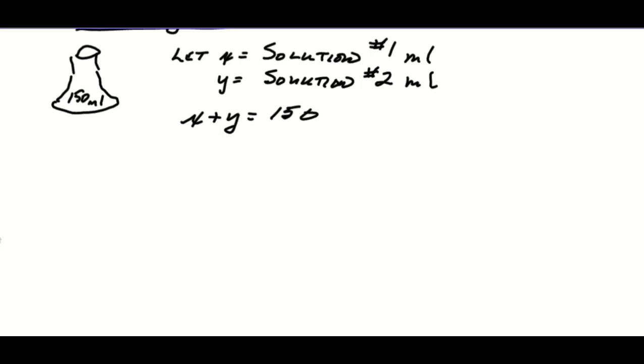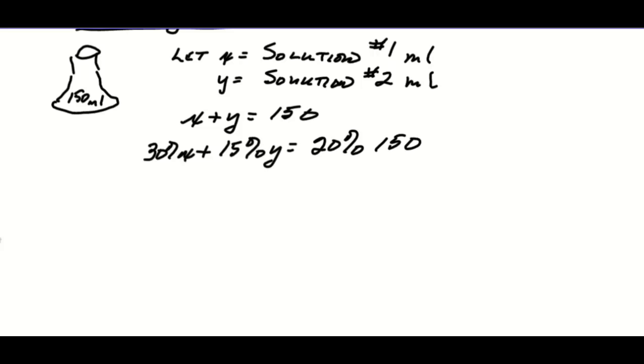But what we're doing is we're going to mix the solutions. So it says here she has a 30% solution and a 15% solution. We're going to take 30% of X plus 15% of Y, and that's going to be a total solution, a 20% solution of the total, which is 150.